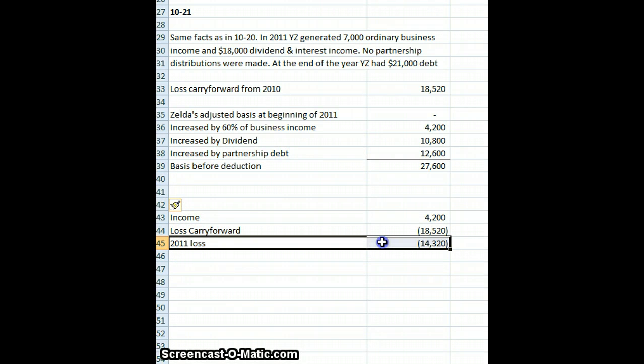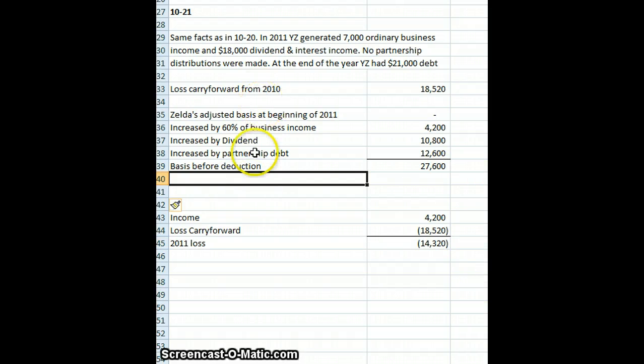Okay, so our basis then after that deduction, we're going to take that basis and decrease it. Again, our taxable income is 14,320. Our basis after deduction, so I'm going to change that to after, our ending deduction.